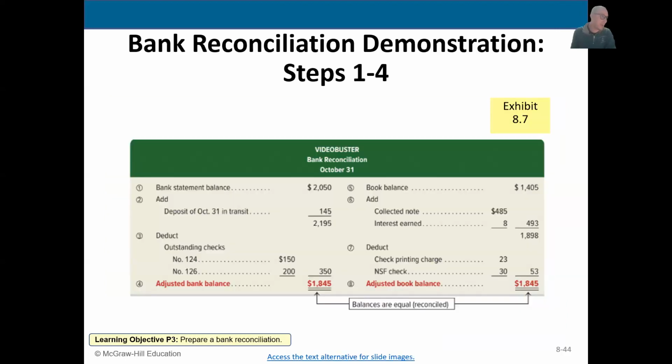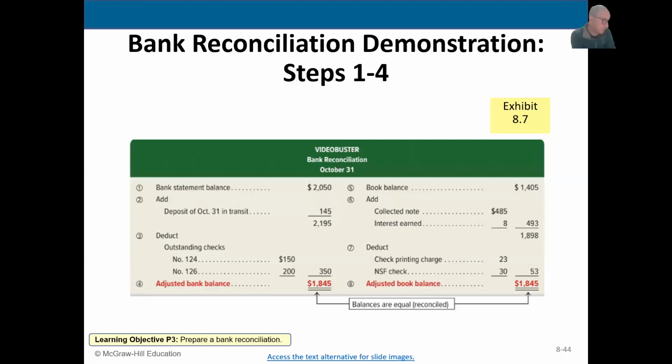This is a visual representation of these adjustments going through 4 steps. The first step, of course, is to enter the bank statement balance for the cash account based off the bank's balance. This example is $2,050. Second step is to add any checks in transit.